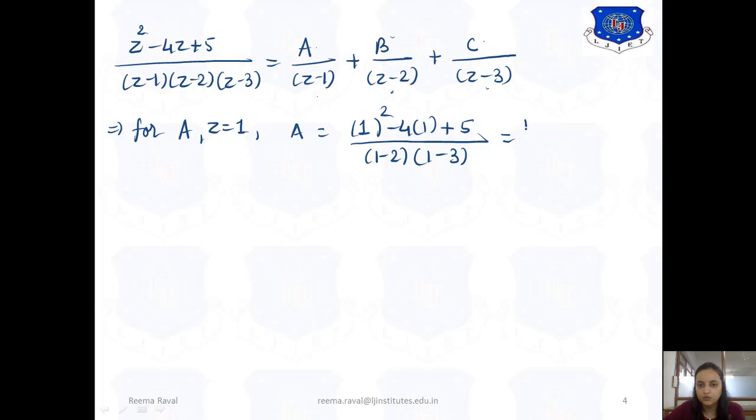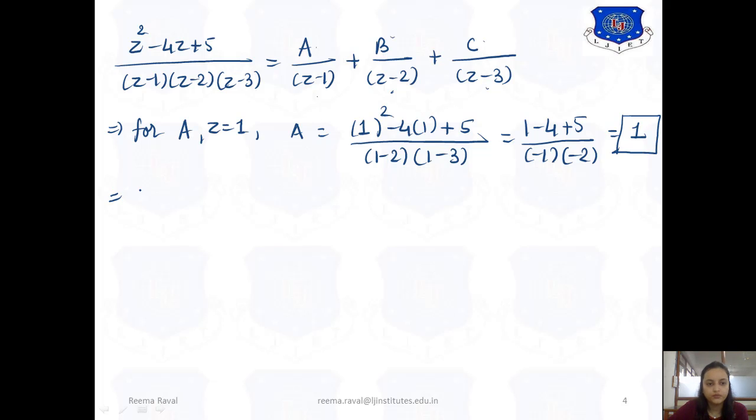So this will give the value (1 − 4 + 5) divided by (−1)(−2). Okay, so this will give the value 1, right? Because over here 5 plus 1 is 6, minus 4 means 2, divided by plus 2. So 2 by 2 is 1. So here the answer of A is 1.